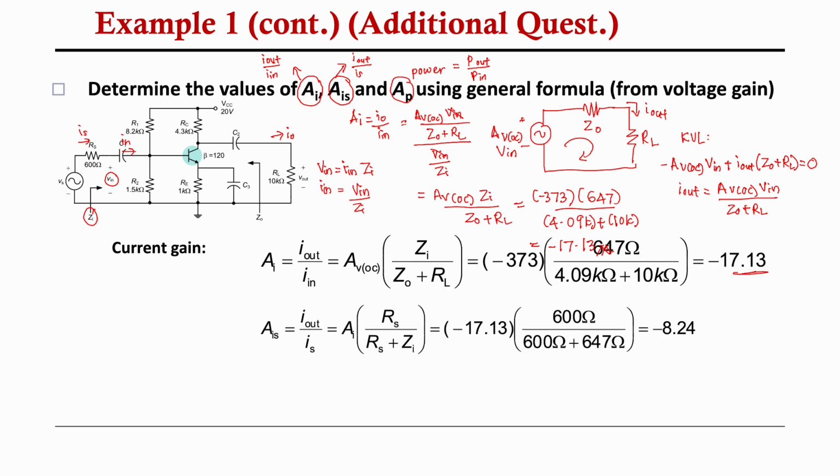Okay, 17.13. So how about AIS? Gain between the output and the source. So gain at the output and the source, let's use the same formula. AIS is equal to I out over IS. And how to find I out? I out is equal to I in, right? And IS is equal to I in.